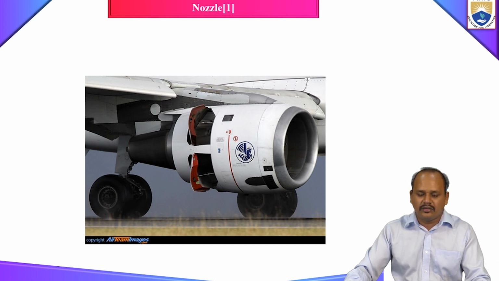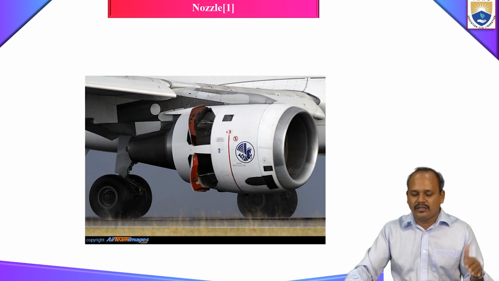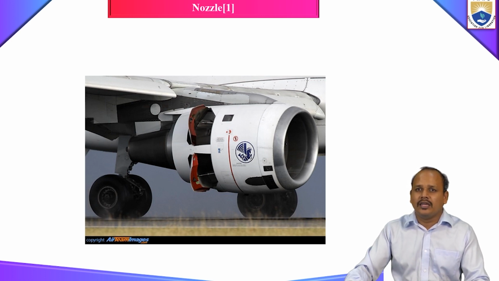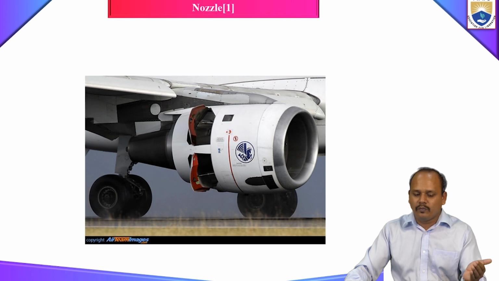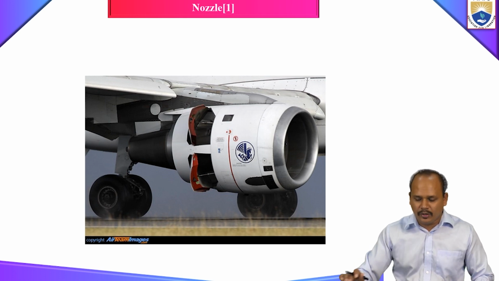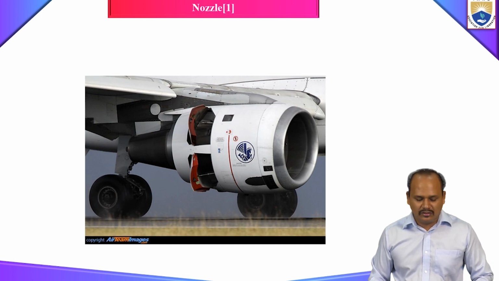Then we saw the need for thrust reversal and how we achieve it in jet engine aircraft as well as propeller aircraft. In propeller aircraft, we change the pitch to change the direction, whereas in jet engines, we block the flow going out of the nozzle or in the bypass section and make it flow in the opposite direction, producing the reverse thrust.